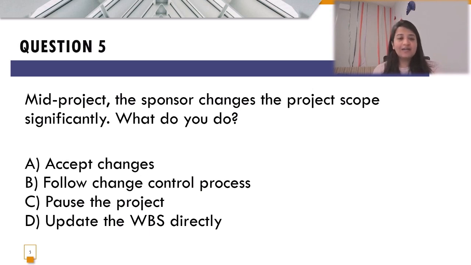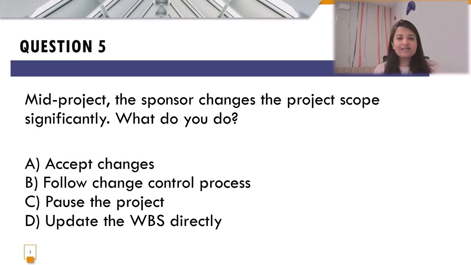Now understand, PMI requires a formal change control process, like a formal change management process, to maintain control over different things like scope, time, and cost. So you as a project manager should follow a set procedure or process to allow this change to be reflected or to be taken into impact given the current sprint.